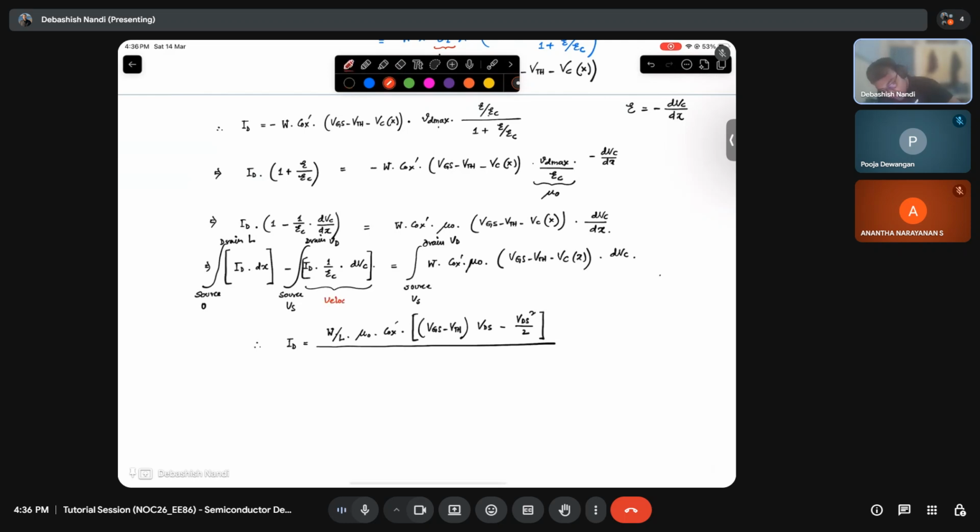Velocity saturation part. That will come to the denominator and it will be 1 plus VDS divided by channel length times EC. Okay, this is your total velocity saturated ID lin expression.